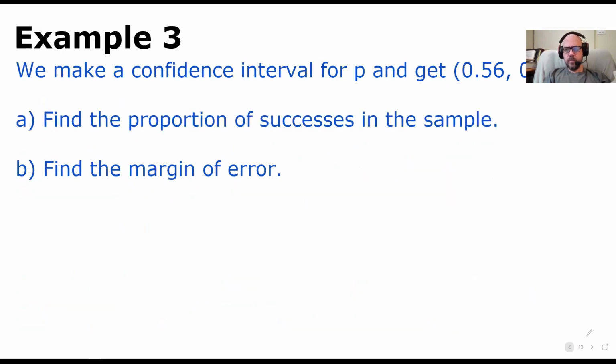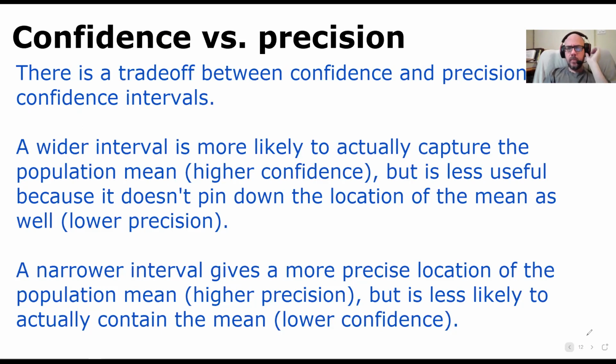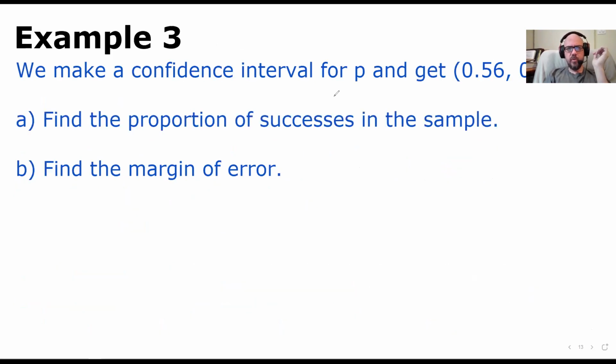So yeah, that's really what I wanted to say about that. So I want to do a couple more examples. These are going to be like working backward kind of examples, or at least this one is. And then the next one is sort of a working backward thing as well. This is just to see if we can understand how to get confidence intervals by going the other direction.